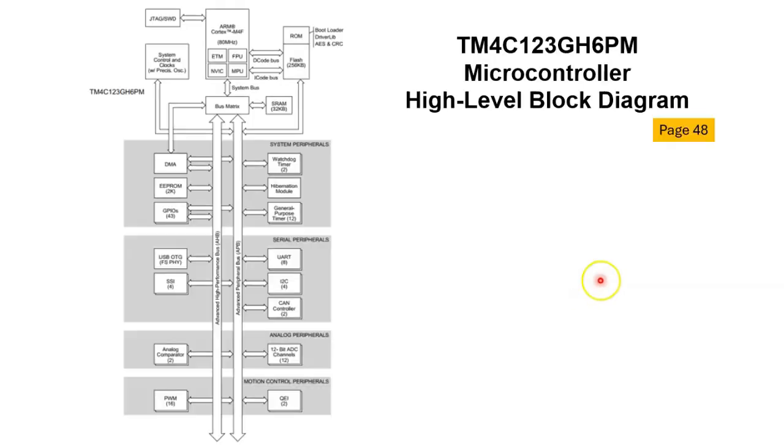TM4C123GH6PM UART. Here is the TM4C123GH6PM microcontroller high-level block diagram. I've taken this block diagram from page 48 of the TM4C123GH6PM microcontroller datasheet. And here I would like to highlight this serial peripheral block.